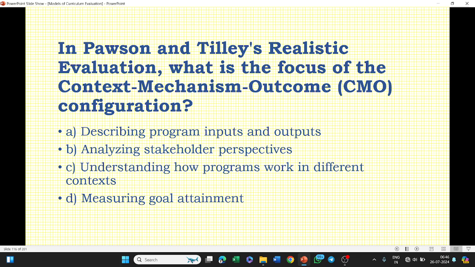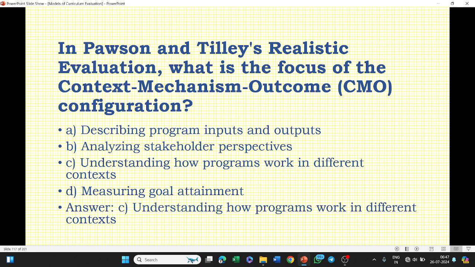In Pawson and Tilley realistic evaluation, what is the focus of the context mechanism outcome configuration? Options: describing program input and outputs, analyzing stakeholder perspectives, understanding how programs work in different contexts, measuring goal attainment.